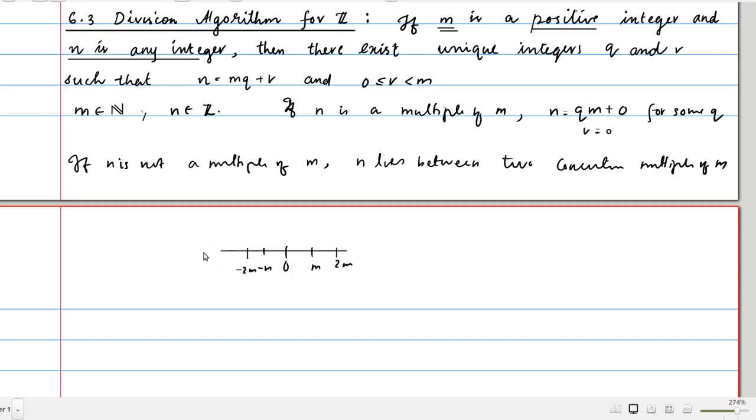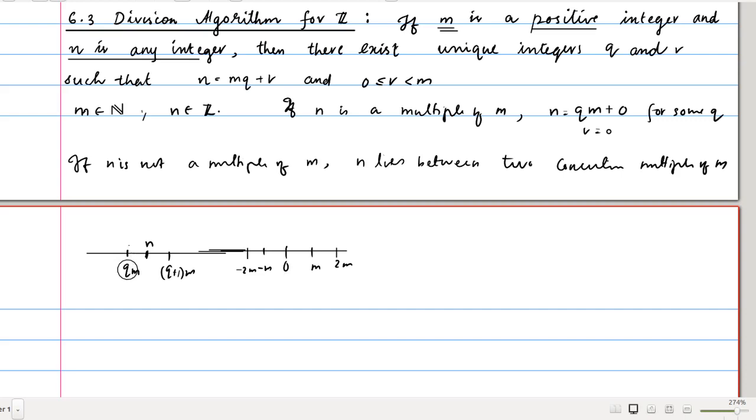In this case we can consider two multiples QM and Q plus 1 M, and then N lies in between them if N is not a multiple of M. So we write all the multiples here, and if N is not a multiple of M, then it will be in between these two multiples. This multiple defines the unique Q.